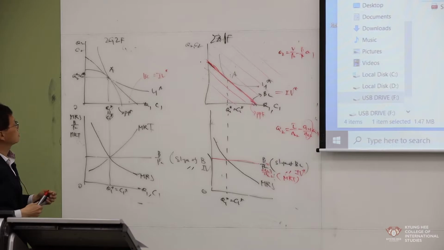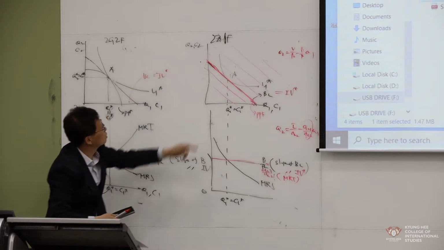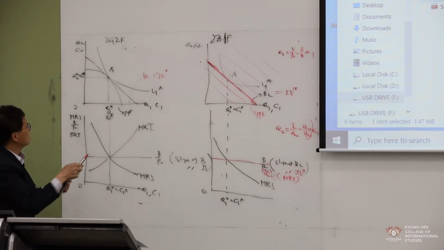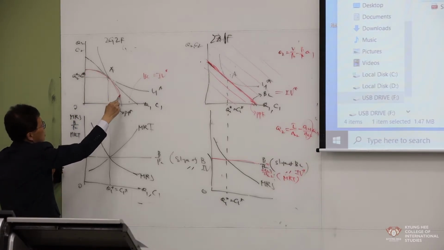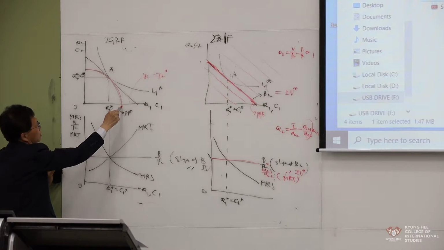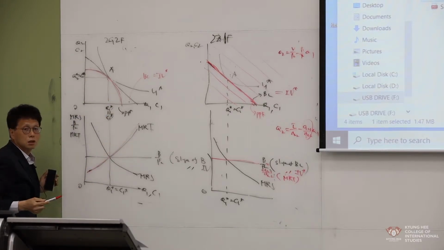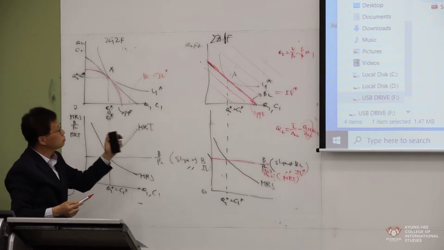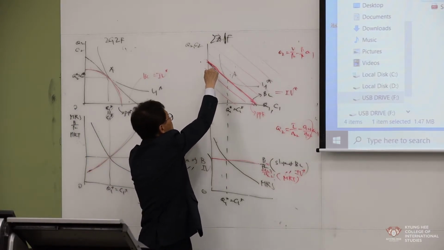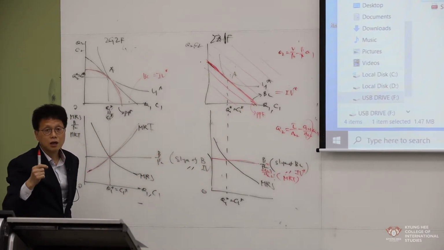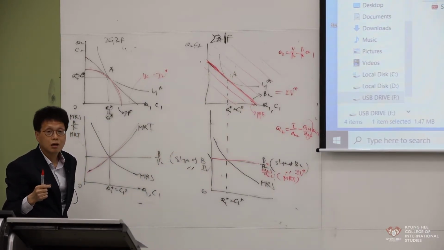The only one difference between the two-good two-factor model and the two-good one-factor model is the production possibility frontier. Here, the production possibility frontier is like this, and its slope is like this. But in the two-good one-factor case, the PPF also coincides with the budget constraint and the iso-value line.